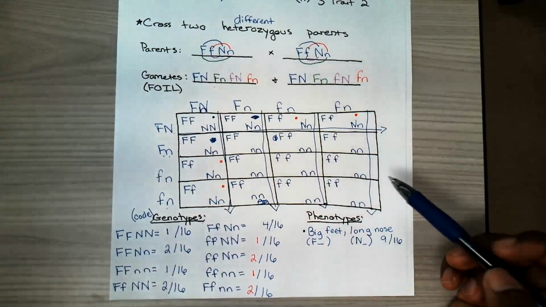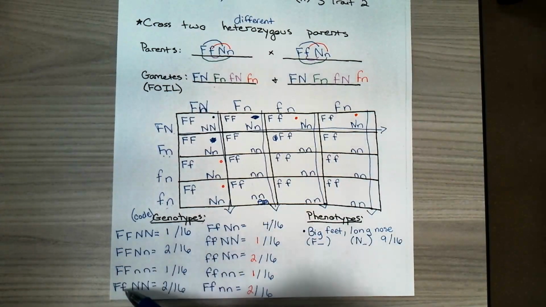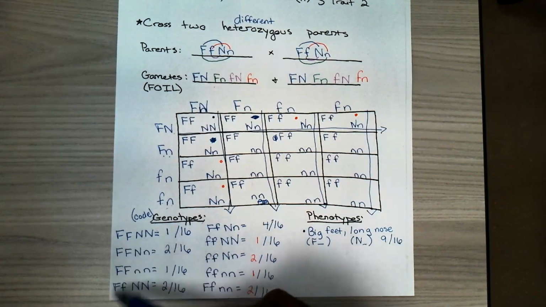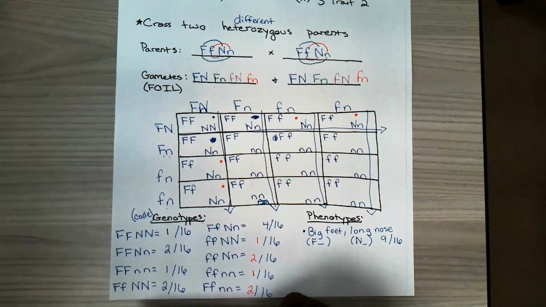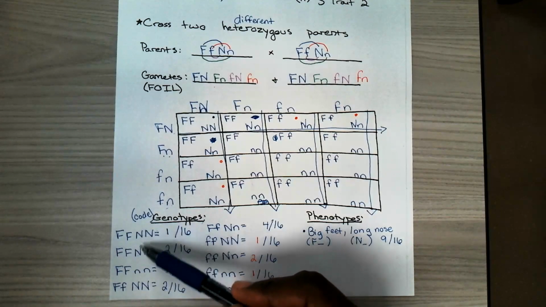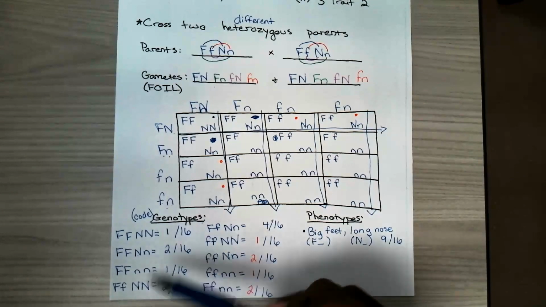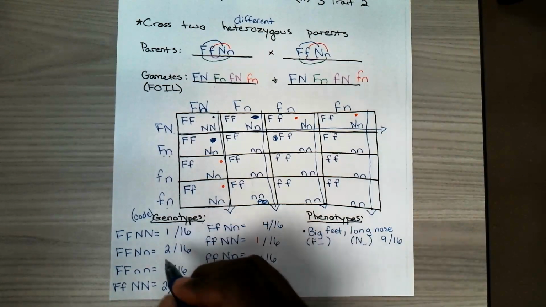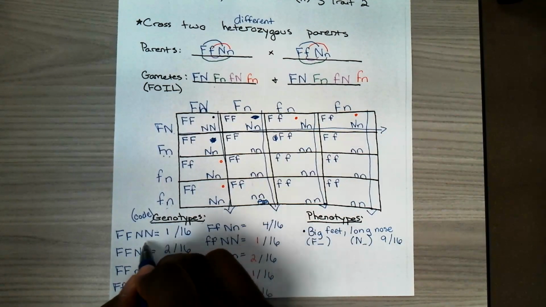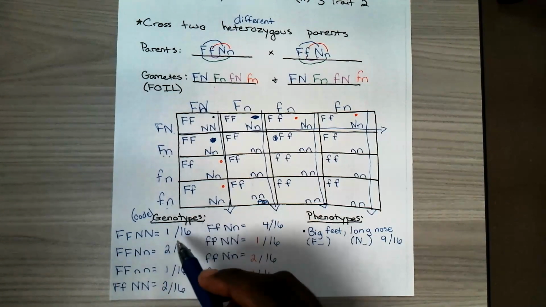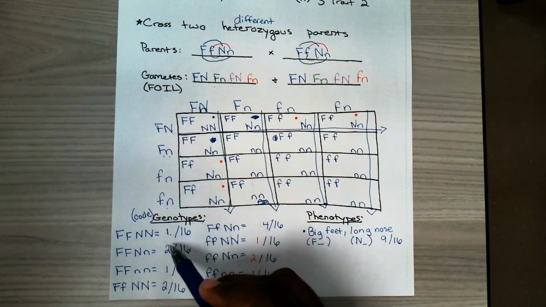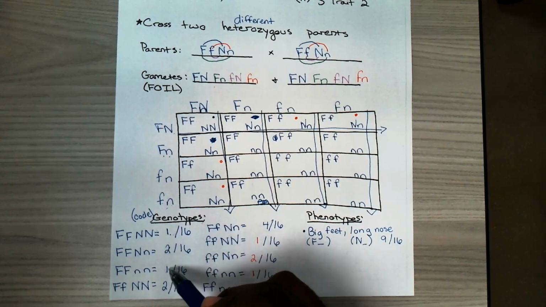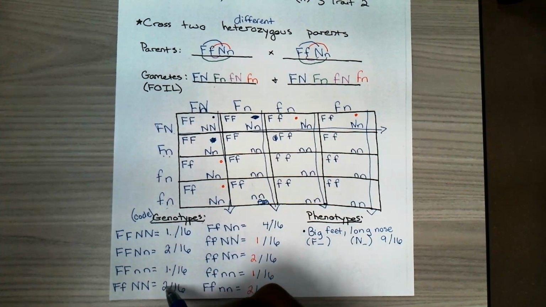So you find all the ones that are going to have, we know if it's a big F, the dominant trait is going to show. And if it's a big N, we know the dominant trait is going to show, which is a long nose. So now we just add up however many ones that we have. So we have 1 plus 2 plus 5.